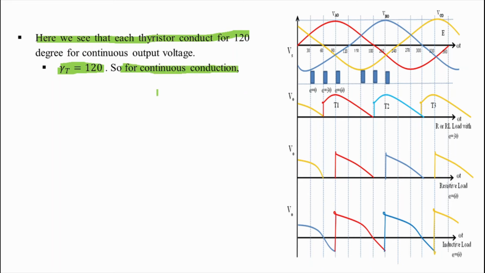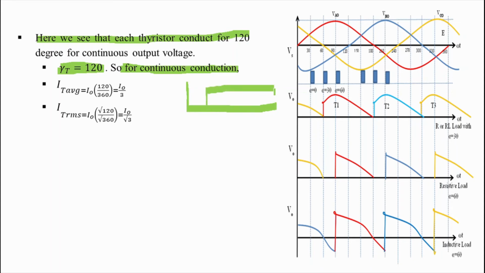When the thyristor conducts, the output current starts flowing through the thyristor. And we know that in case of RL load, this output current is constant. When the load is RL type, it means it is continuous conduction mode. So for continuous conduction mode, we get constant output current, and that has value, suppose, I0.